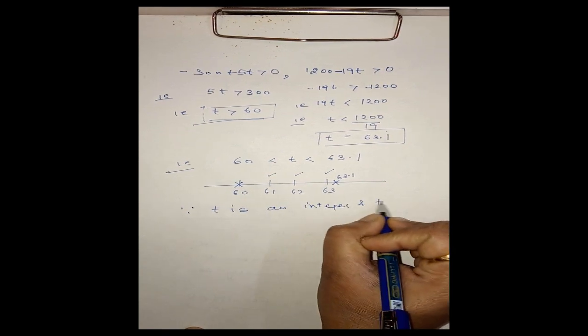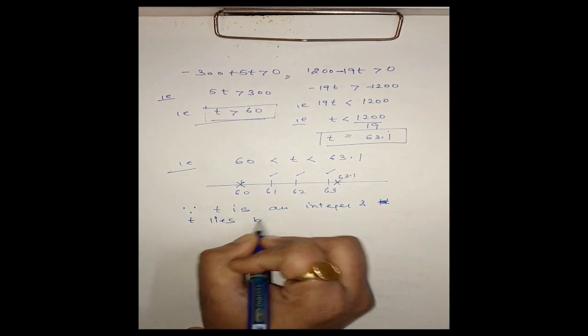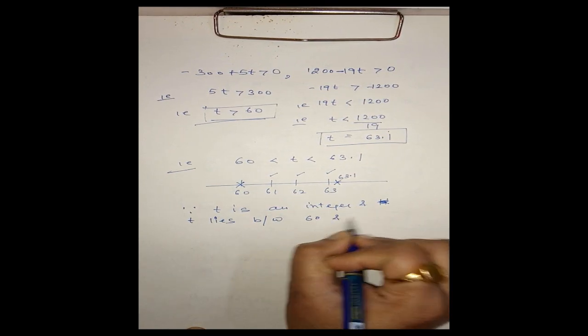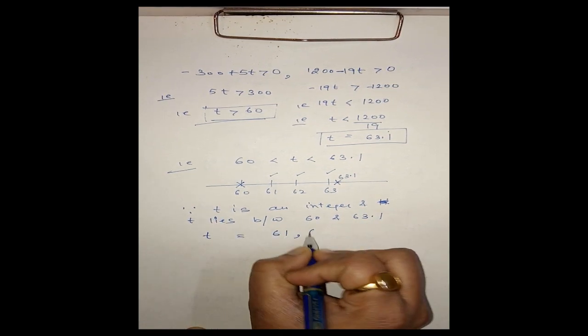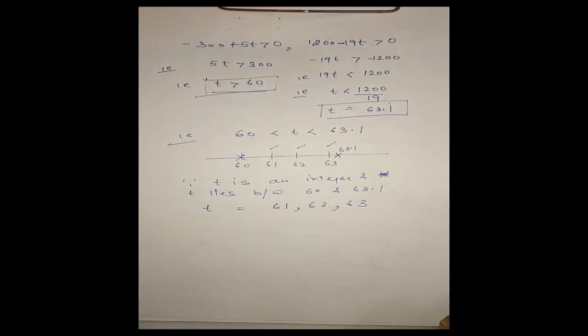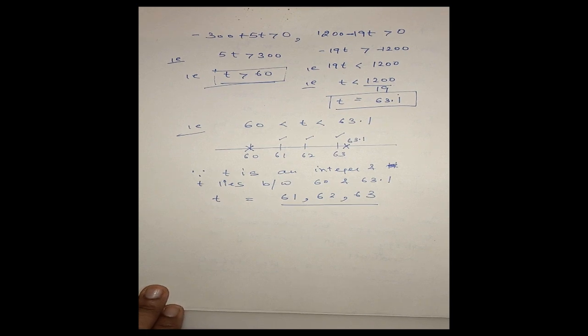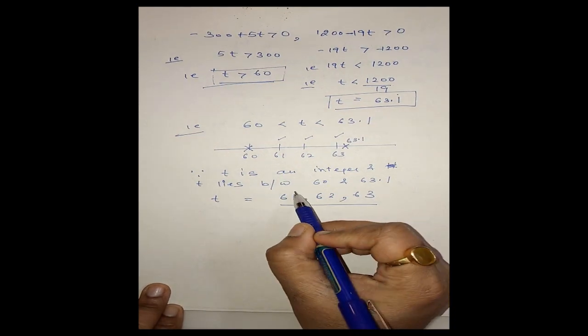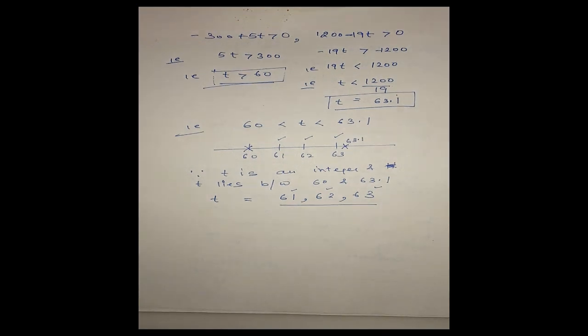Means we have three choices for t: 61, 62 and 63, and for each of these three values we will obtain the values for x, y and z.